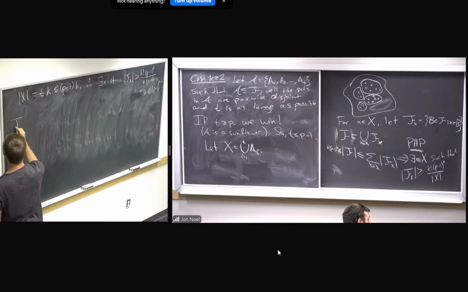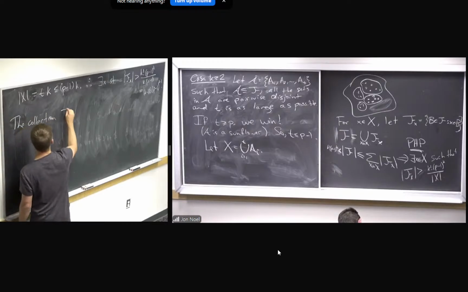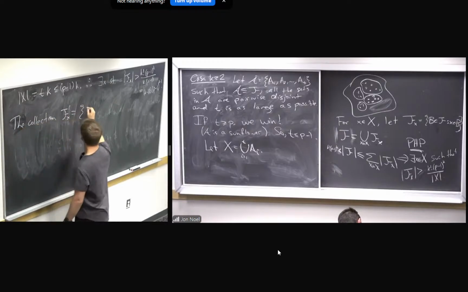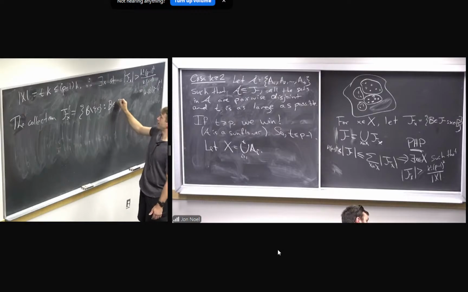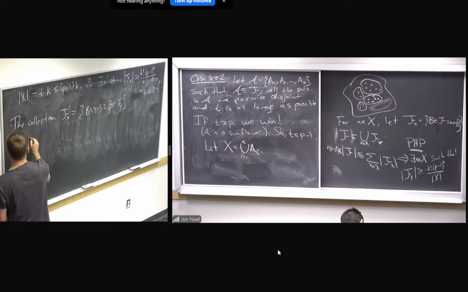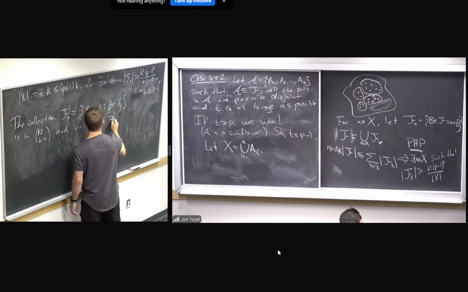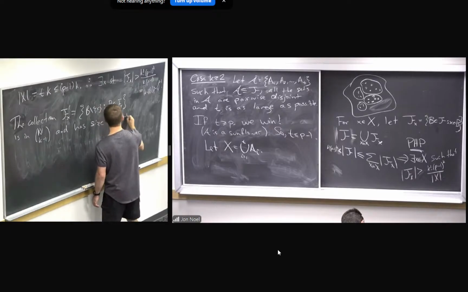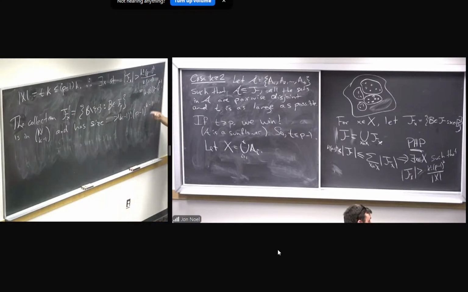So in other words, define the collection fx prime, which is b minus x for b in fx. It's in n choose k minus 1 and has size strictly greater than (k minus 1) factorial (p minus 1) to the k minus 1, because it's the same size as fx.